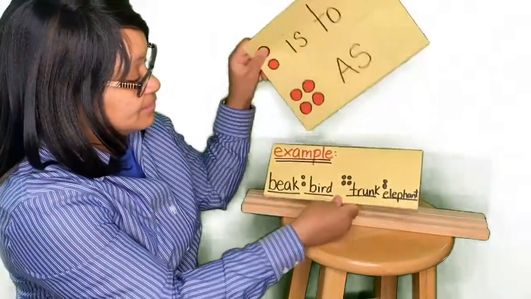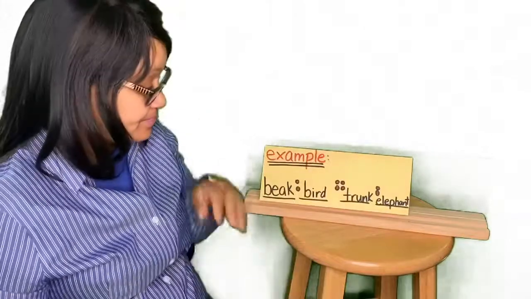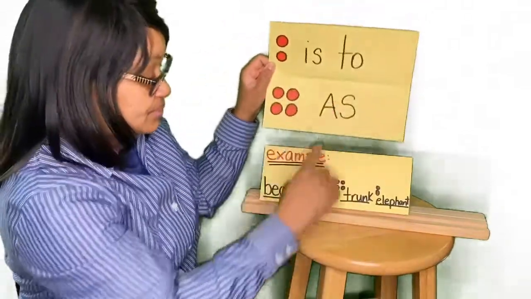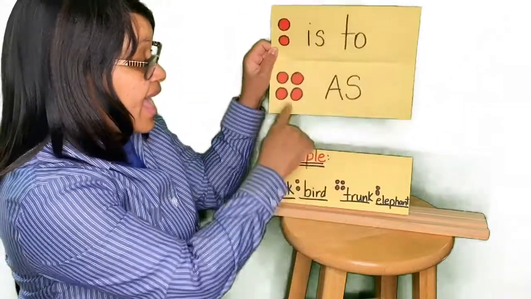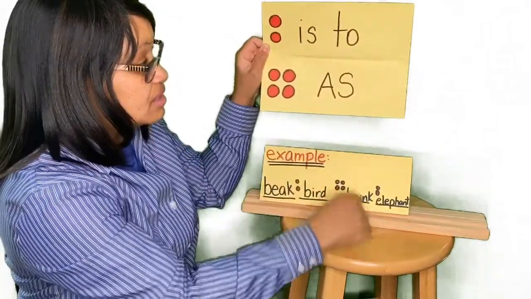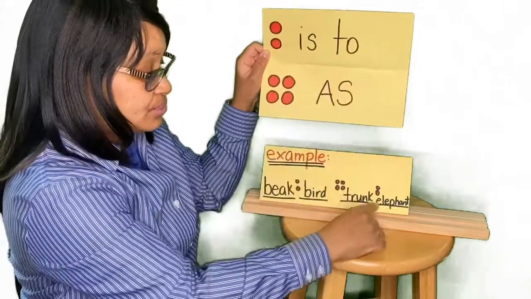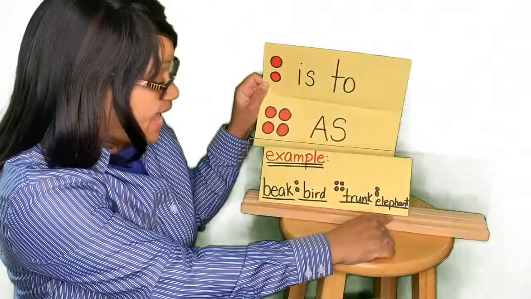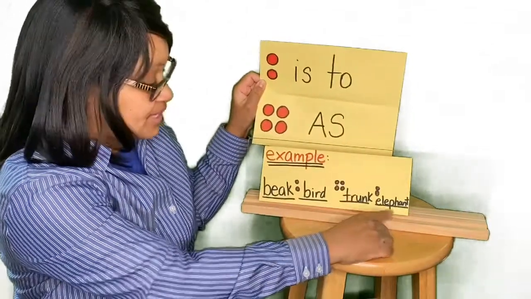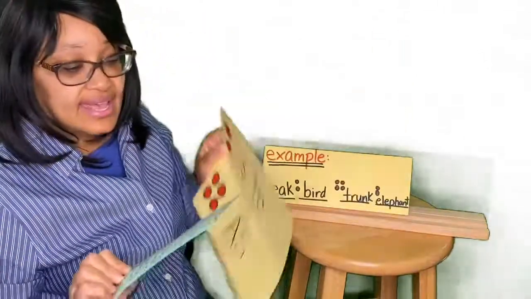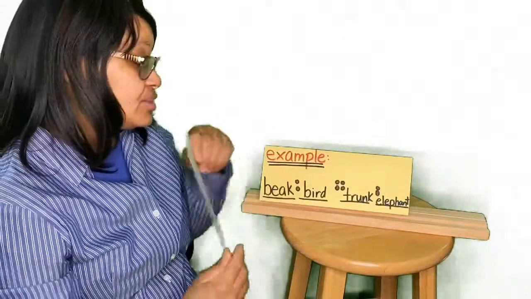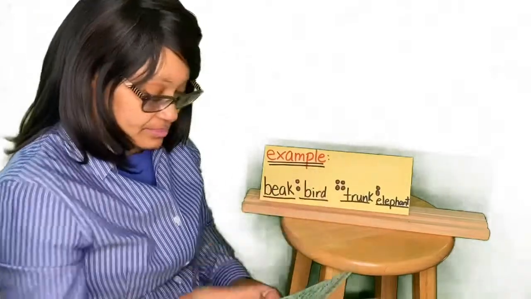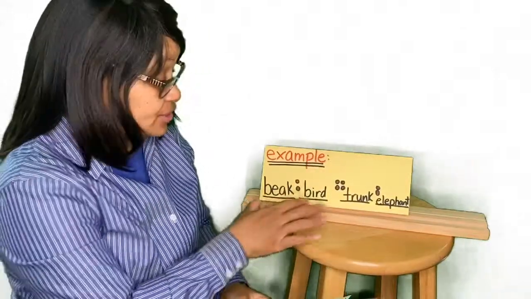Here's an example. Beak is to bird as trunk is to elephant. And that's exactly how we would read the analogy. And we could take a look at these relationships. Is this a classifying relationship, a descriptive relationship, or a comparative relationship?